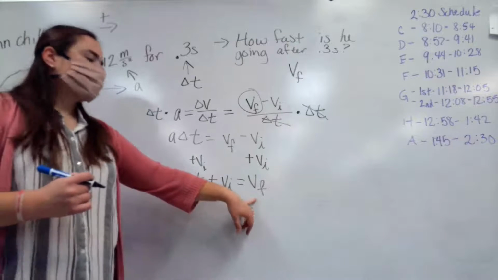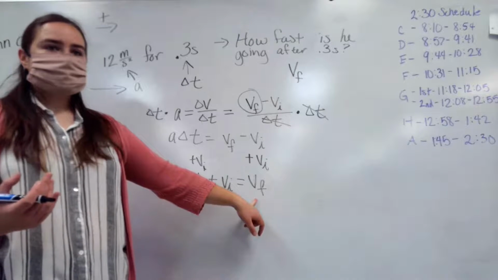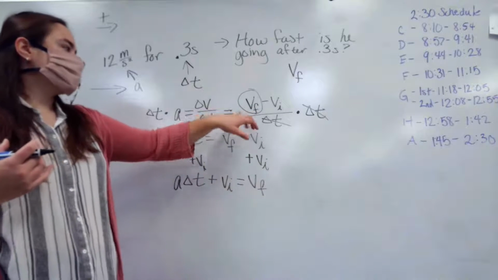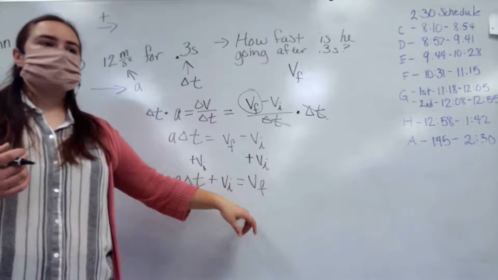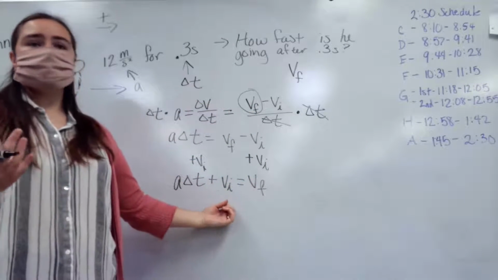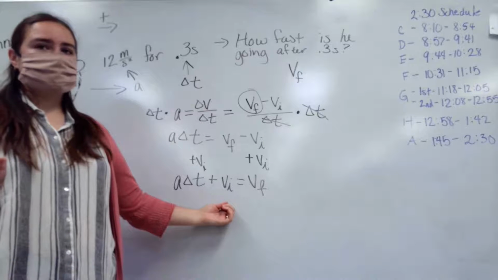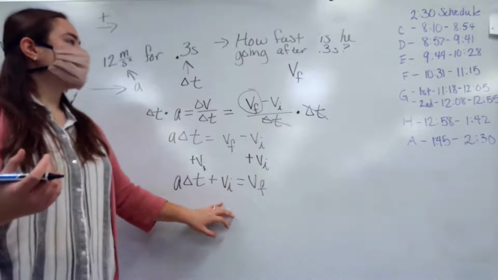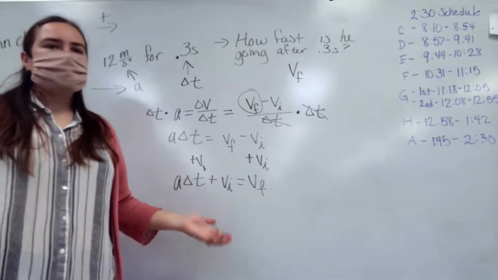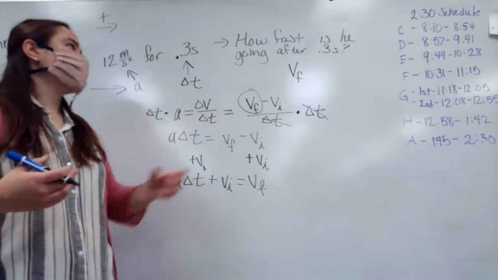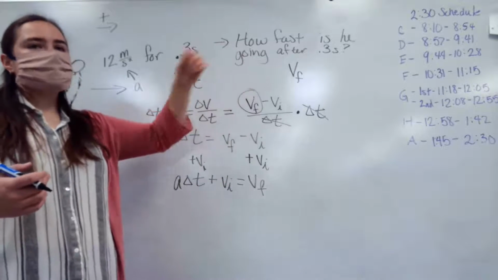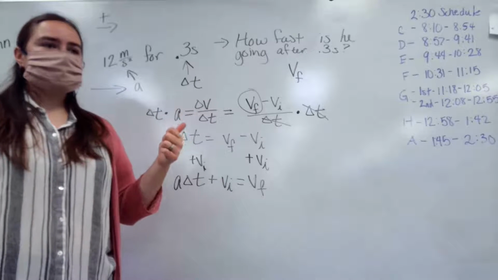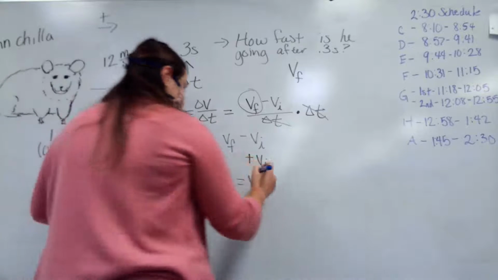So we have now solved for v final. Okay, in this case, if we had just solved for delta v, we would have gotten the same thing because our v initial is going to be 0. Okay? There are going to be times where sometimes you want to know our change in velocity. How much did our velocity change? And in that case, we would solve for delta v. Good? All right.